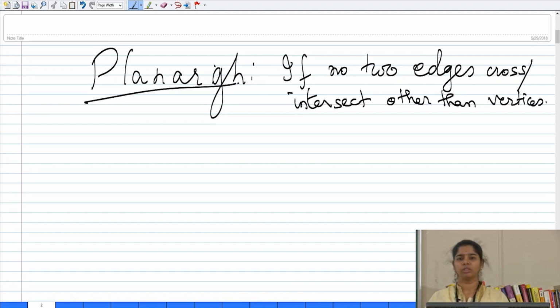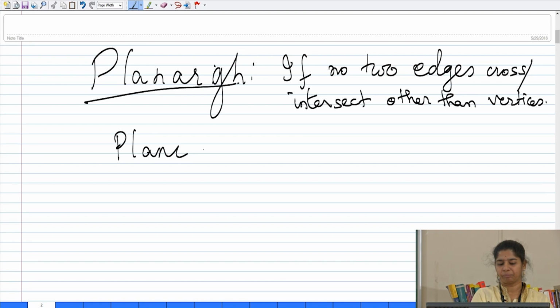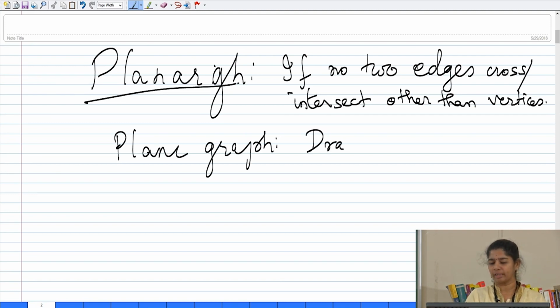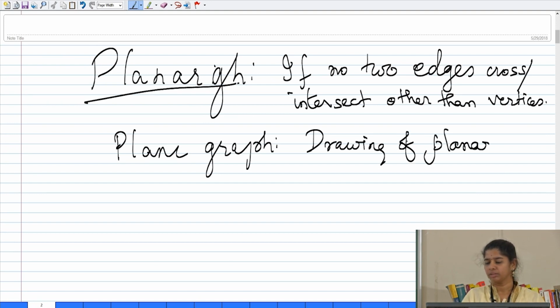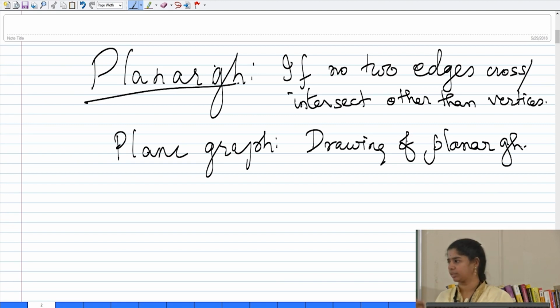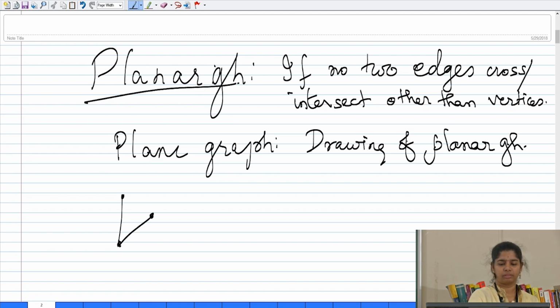A graph is said to be a plane graph if the drawing itself shows that there are no two edges crossing. It is simply a drawing of a planar graph such that no two edges cross. Say, for example, suppose I give you this graph.